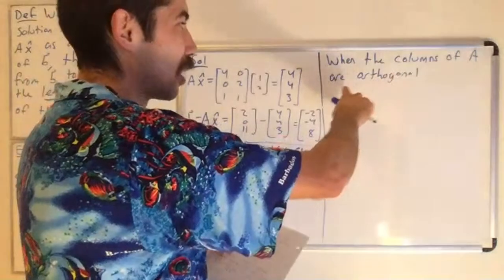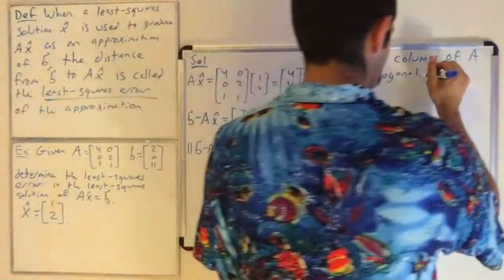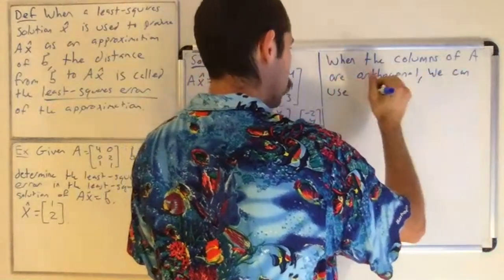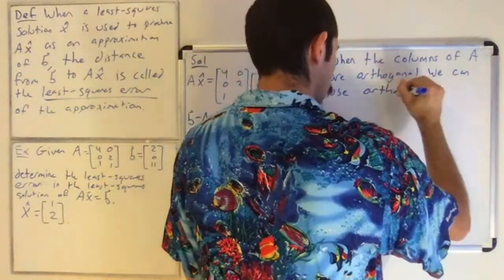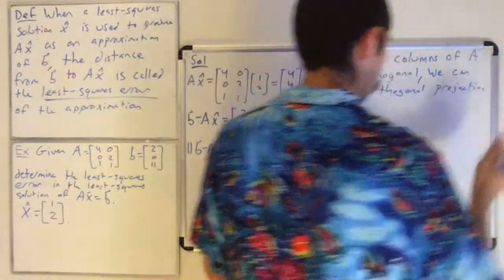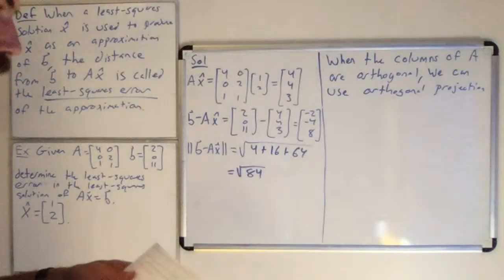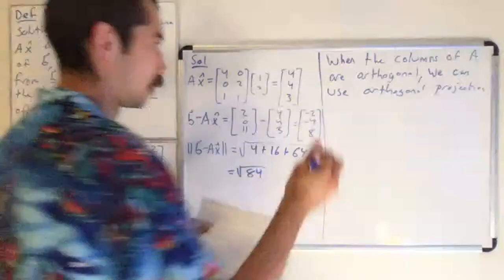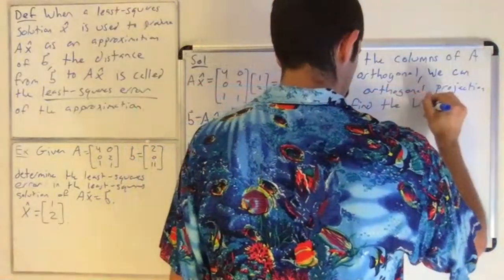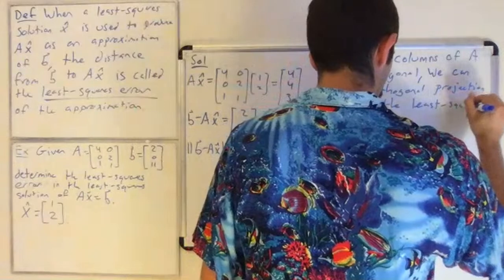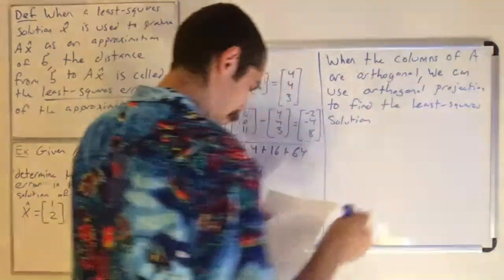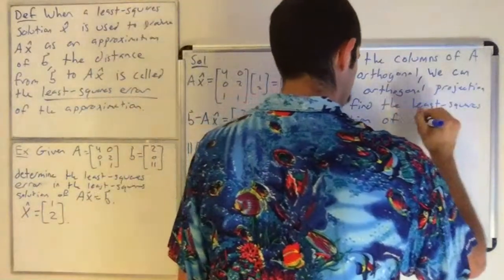So when the columns of A are orthogonal, we could use orthogonal projection to find the least squares solution of AX equals B.